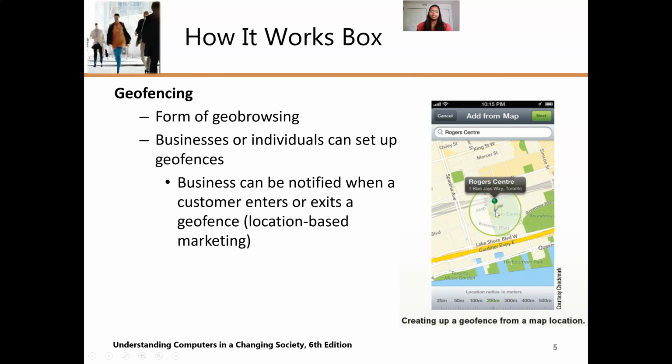It is a location-based service in which an app or other software uses GPS, RFID, Wi-Fi or cellular data to trigger a pre-programmed action when a mobile device or RFID tag enters or exits a virtual boundary set up around a geographical location. So this is called a geofence.